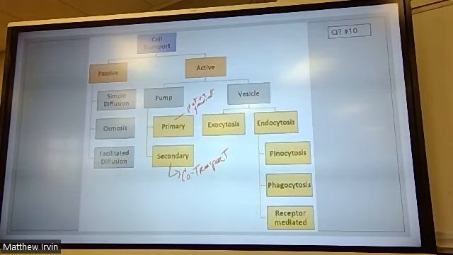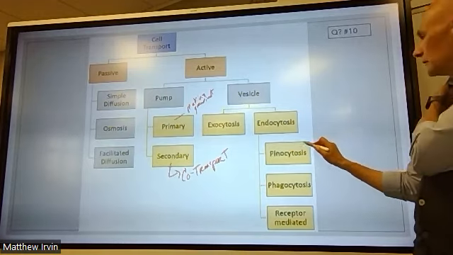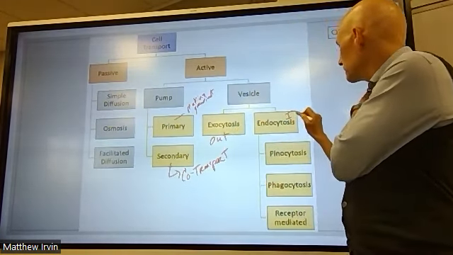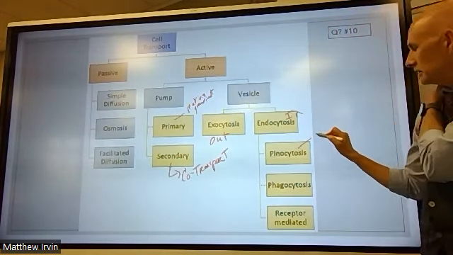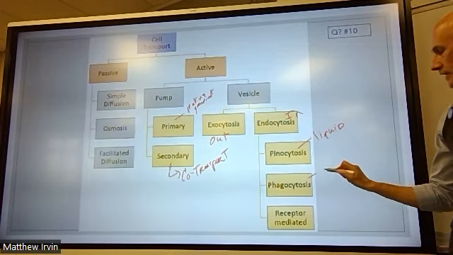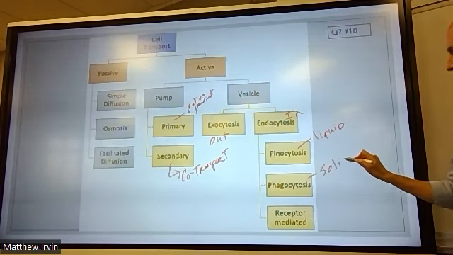Exocytosis is vesicles doing what? Good. And then endocytosis is bringing stuff in. Cell transport out, cell transport in. Pinocytosis is drawing in liquid. Phagocytosis is solid things.